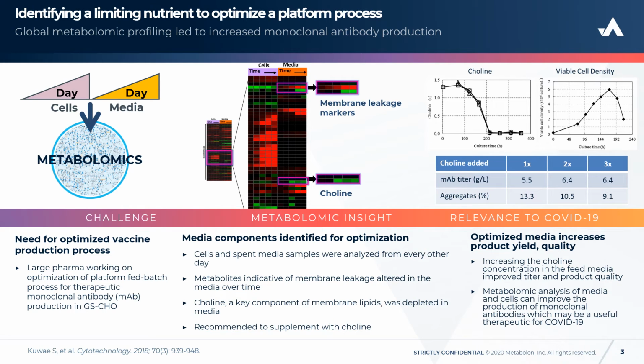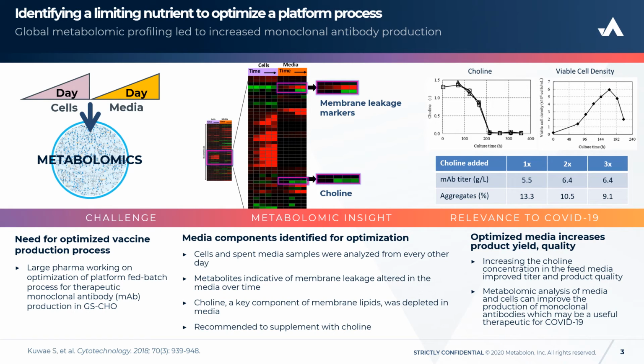This case study talks about identifying a limiting nutrient in order to optimize a platform process. The challenge in this one was the need for an optimized production process. Comparing it to the needs of today in vaccine production, the ideology really holds true.